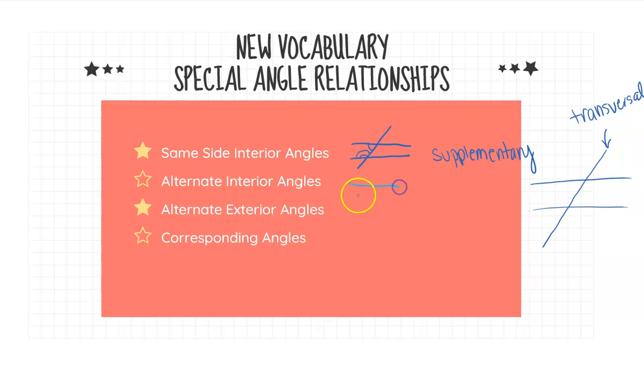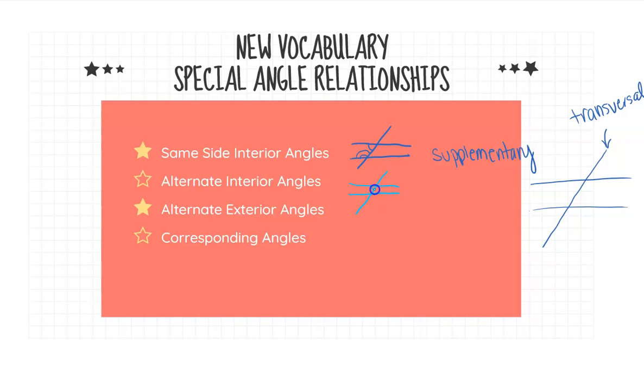Alternate interior angles. So we are still looking at interior angles, where our angles are inside or in between the two parallel lines. However, alternate means that we're going to have one angle on one side of our transversal, and the other angle will be on the other side of the transversal. So another word for alternate is opposite.